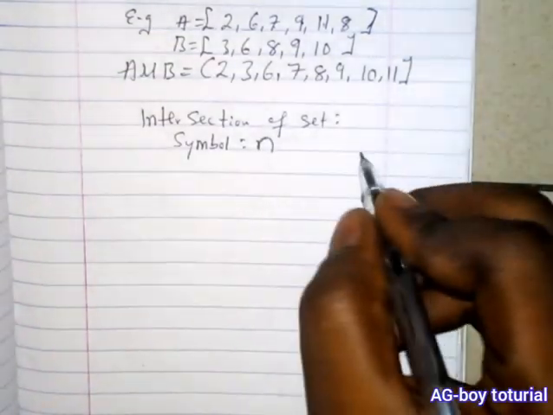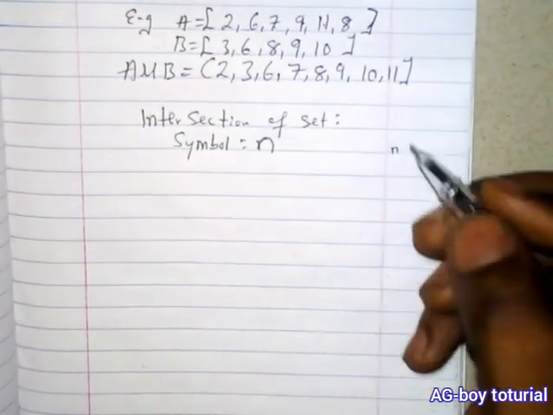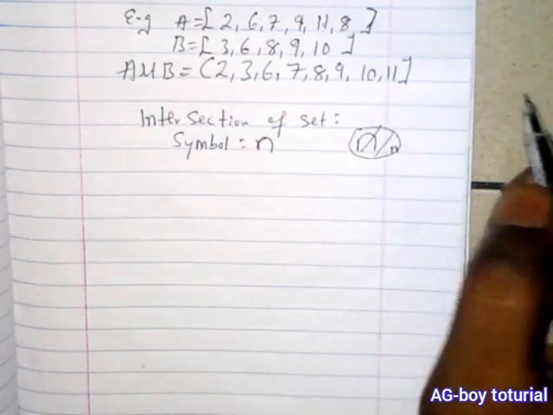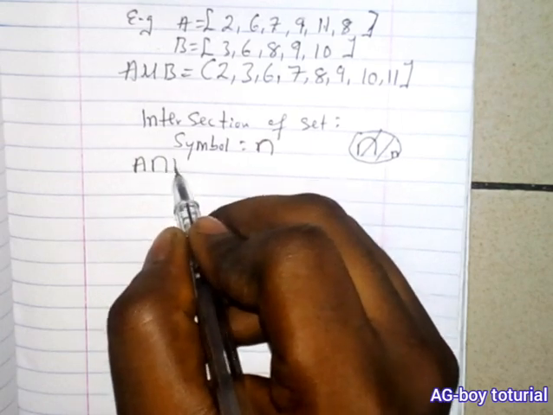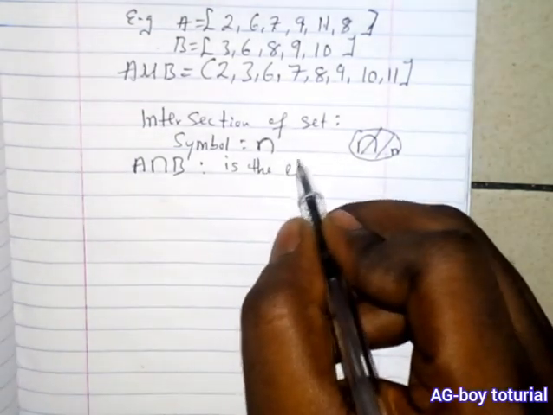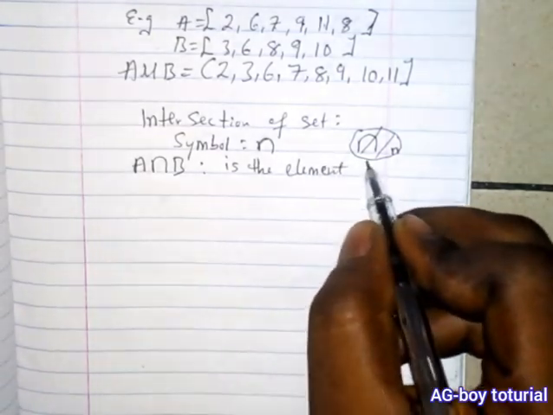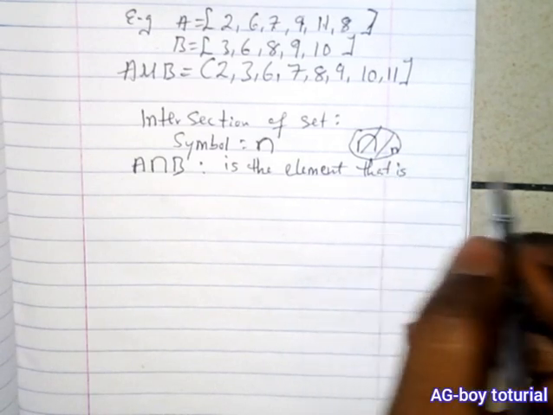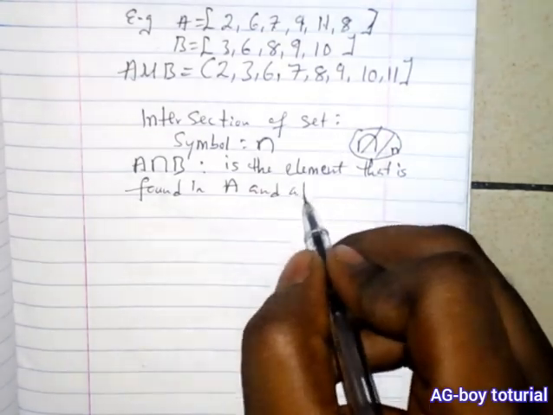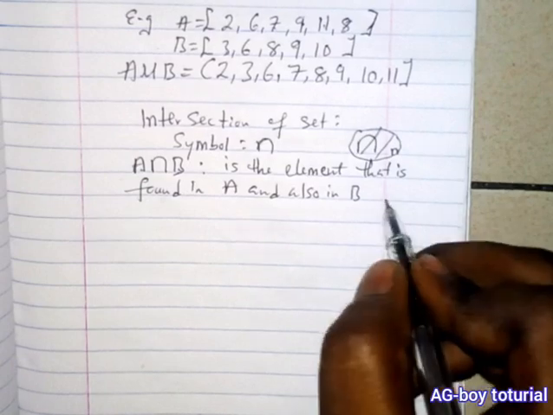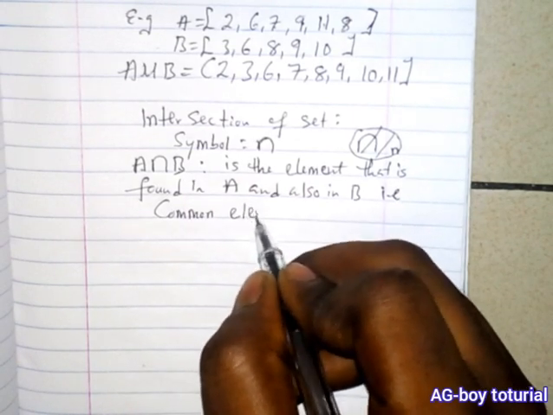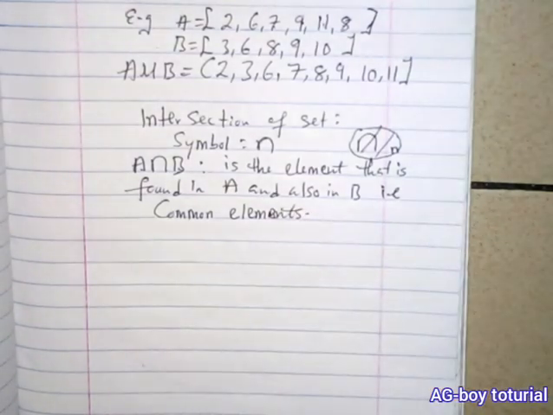The n for cardinality is a small n, while this other one for intersection is a big n, but not the capital letter N. So if you are asked to find the intersection of A and B, we say it is the elements that are found in A and also in B. So we mean common elements.